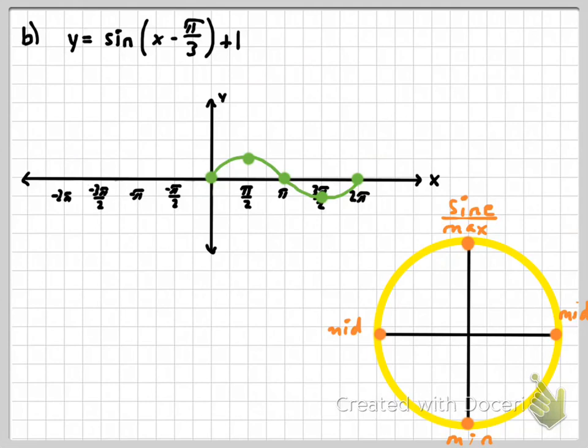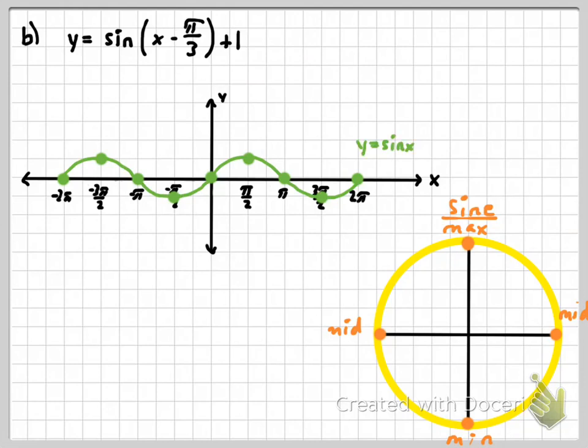There's one cycle of our sine graph. And then let's go backwards. All right, we're at middle. We were working our way down right here. So the next thing going pi over 2 units to the left is going to be a minimum, then medium, then maximum, then medium again. And there's the rest of the graph from -2 pi to 2 pi for the parent function y equals sine x.